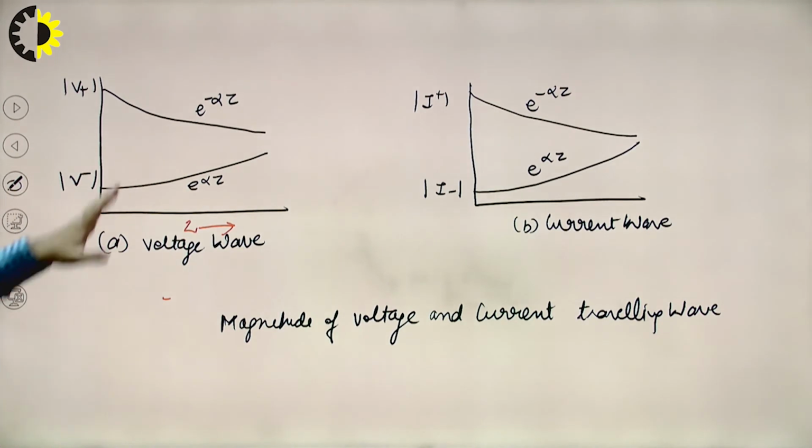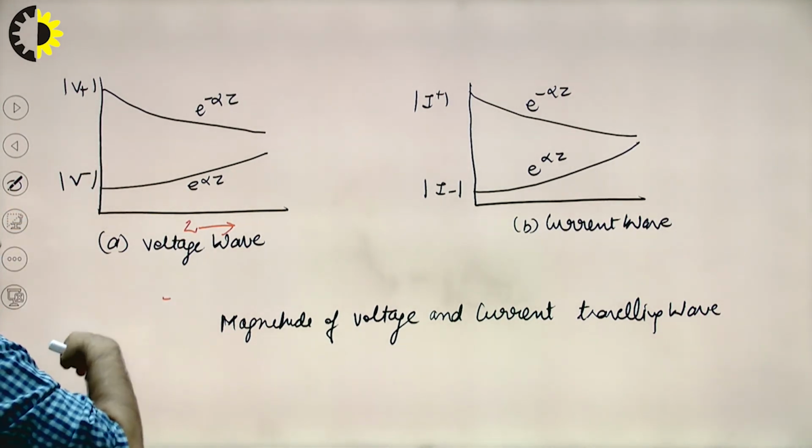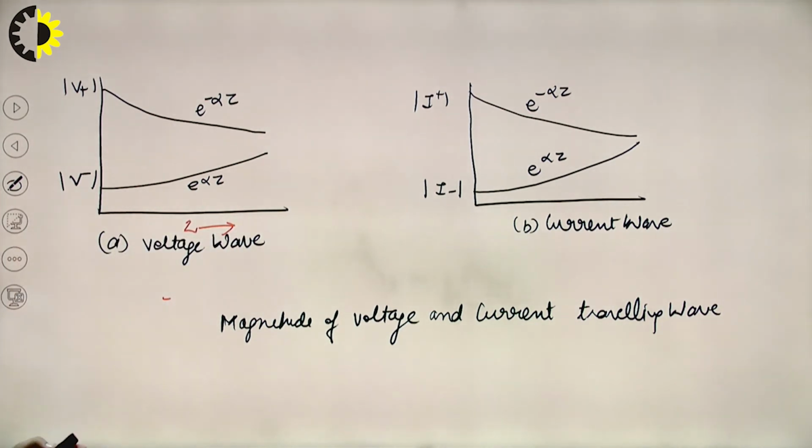So from here you can also conclude that as the value of z increases, the amplitude of the standing waves also increases. Clear?